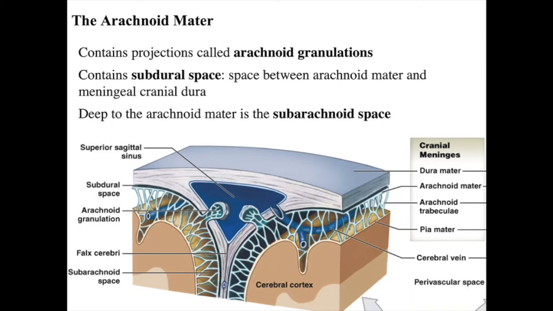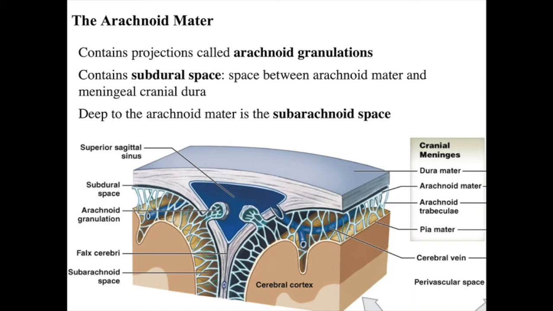In this image I cannot show you the space above the dura, so let's cover the one below the dura. It's called the subdural space. And the space below the arachnoid is called the subarachnoid space.